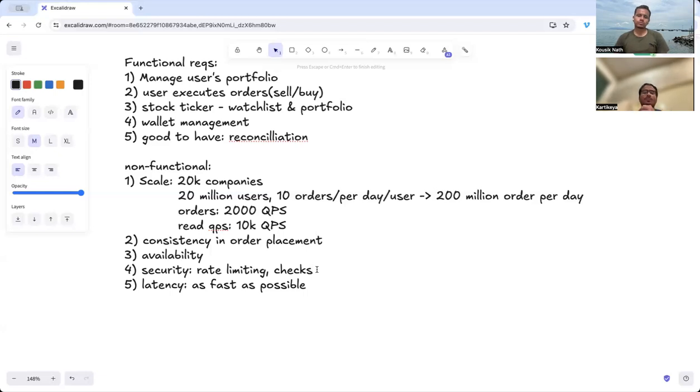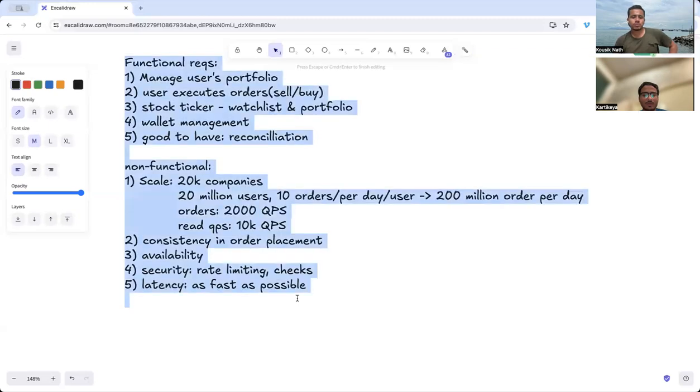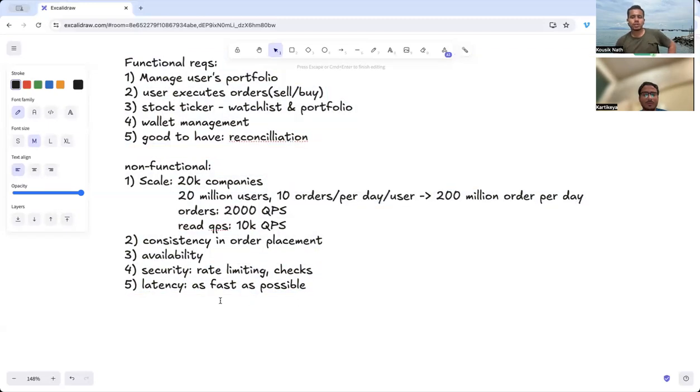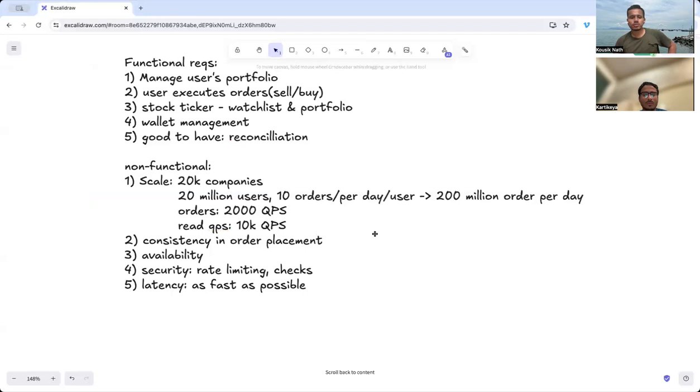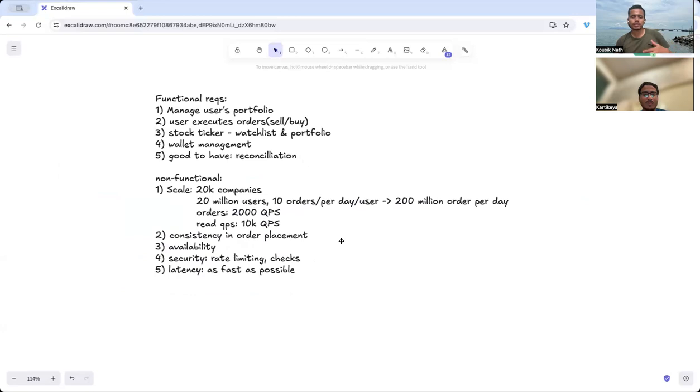That is one consideration. But I think that will largely come under the latency umbrella, right? The latency could be end-to-end latency, and it could be stock ticker latency also. I'm assuming that when you say latency, you mean that order execution should be as fast as possible and the ticking should be as fast as possible.